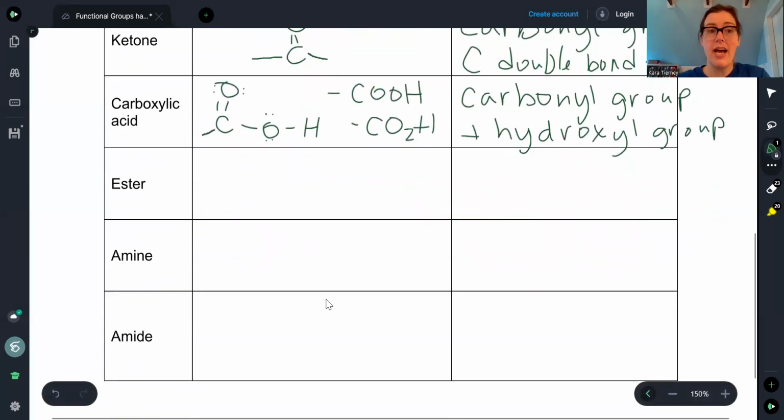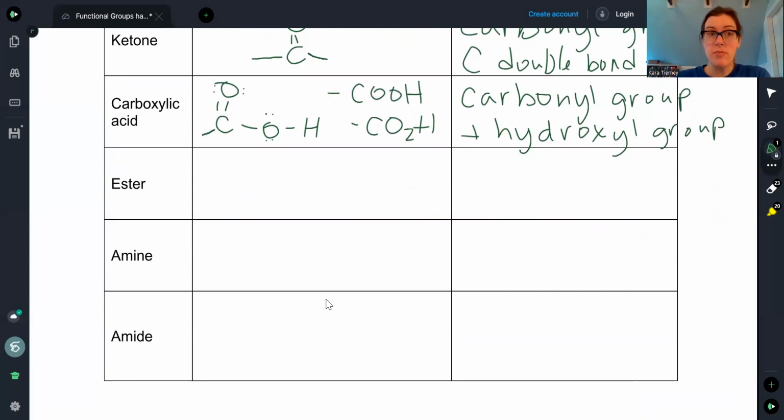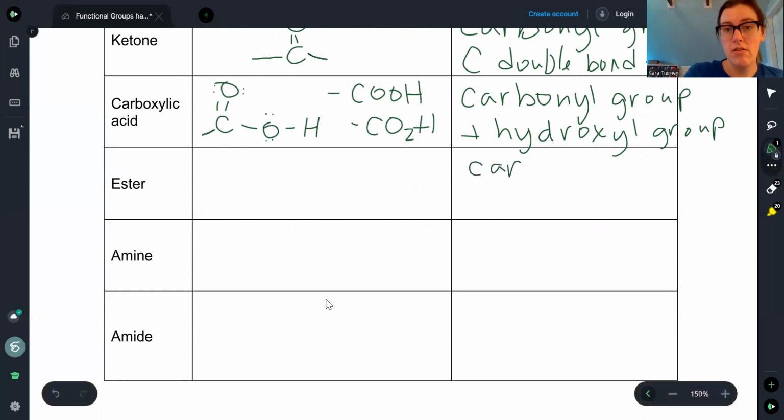All right, let's talk about esters. Esters are very similar to carboxylic acids, except the H is another carbon. Basically what it is, it's a carbonyl plus a ketone, which is the O right in the middle.